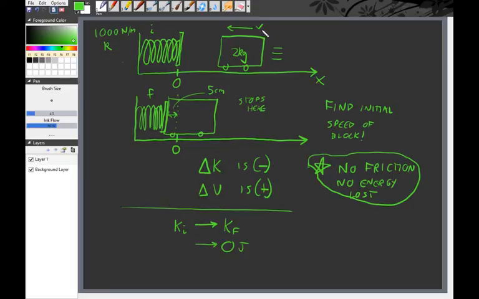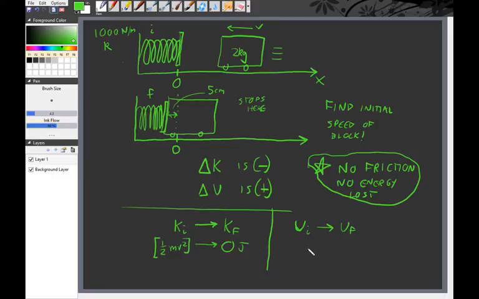What's our initial kinetic energy? Now, we don't know that, but we can write an equation for it. 1/2 mv squared. I'll put a little bracket around it just so we know we don't know this yet. What about potential energy? How does potential energy change? From initial potential energy, oops, that is a U, not a V, to final potential energy.